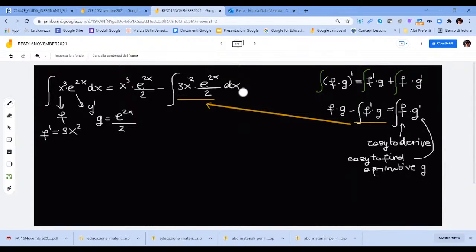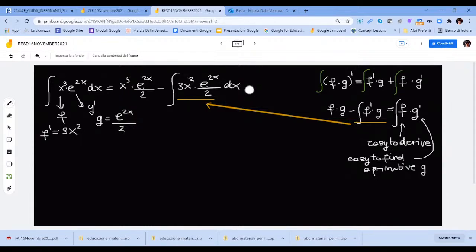Okay, so we arrived at something that is better than before, because we have the same exponential function, but instead of the third power of x, we have a square, x squared.